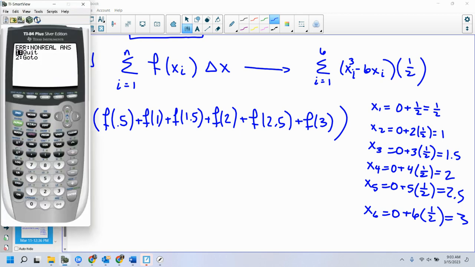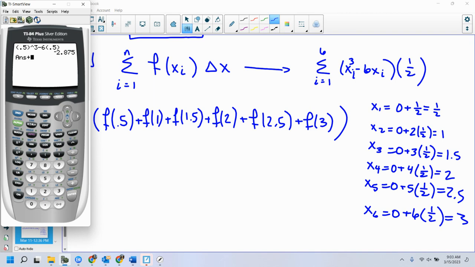I got to plug in 0.5. I did try to do square root of 9. Teach my algebra students about that. But I've got to take x to the third minus 6x, right? So it's 0.5 to the third minus 6 times 0.5. Okay, that's going to give me that.